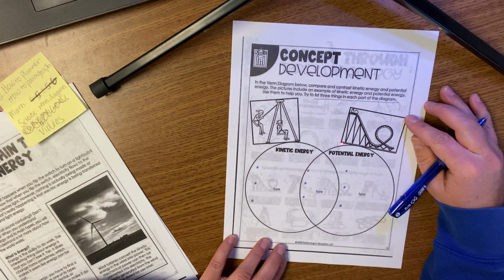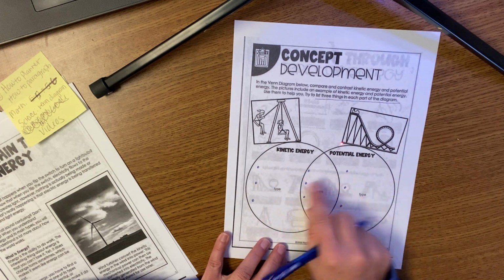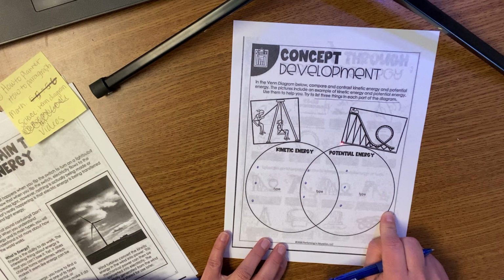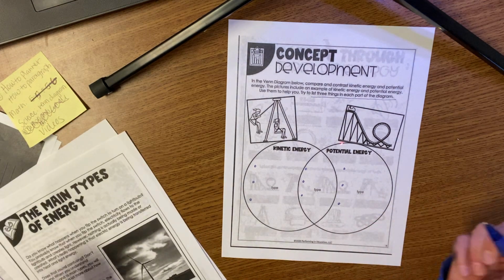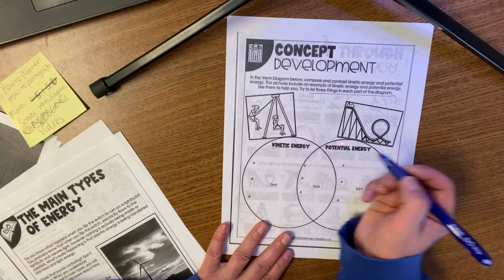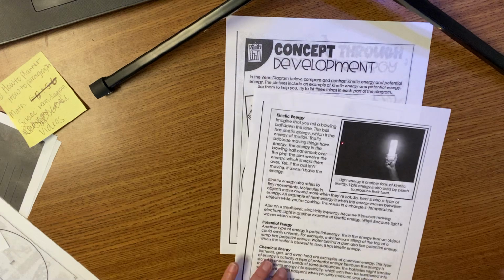Okay, so we're going to list 3 things in each part of the diagram. I'm going to do 1, 1, and 1, and you guys are going to finish the rest on your own, okay? So to do this, though, we need the reading, and we need to review and read about kinetic energy and potential energy, which is on the second page.